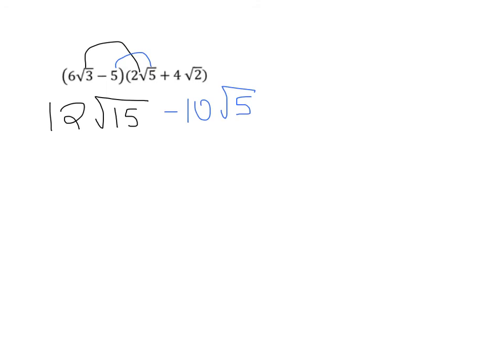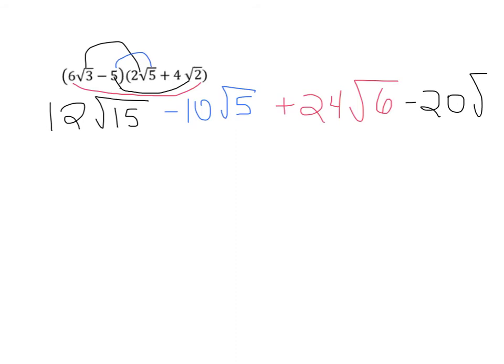And then the next one would be 6 square roots of 3 times 4 square roots of 2. 6 times 4 is positive 24. And the square root of 3 times the square root of 2 would give me the square root of 6. And then the last term would be negative 5 times 4 square roots of 2. Negative 5 times 4 is negative 20.